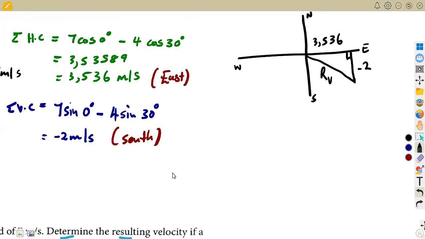That's it. And the angle to be taken now can be this. You can take from the south going where? To the east, like I said. Or you can consider your angle from where? From the east going where? To the south. It's up to you. South to the east or east to the south. So this can be theta, and we can just put alpha for this one that is here. You can just write it as alpha.